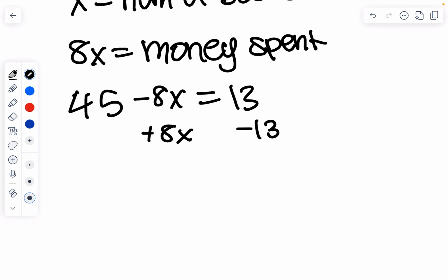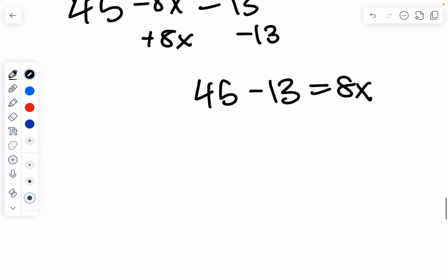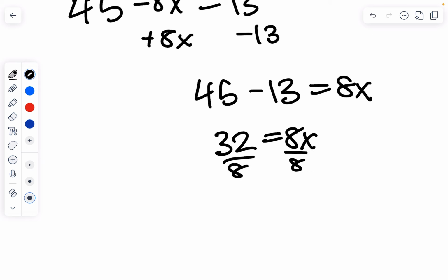So we get 45 minus 13 equals 8x. Then we can make it 32 equals 8x. And then finally, we divide both sides by 8 to get x is equal to 4.